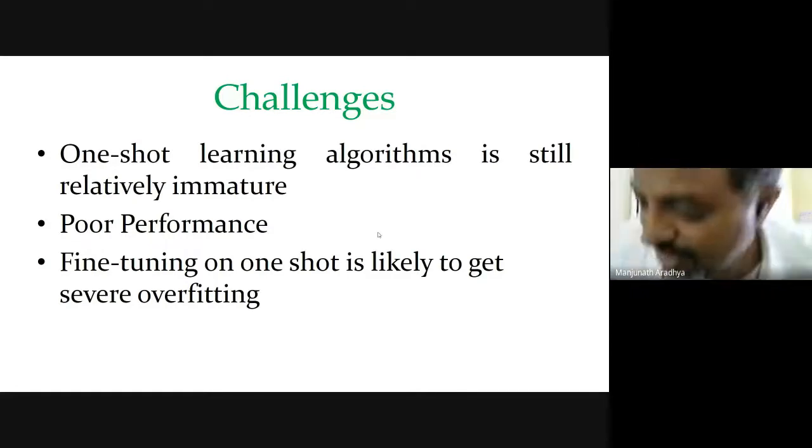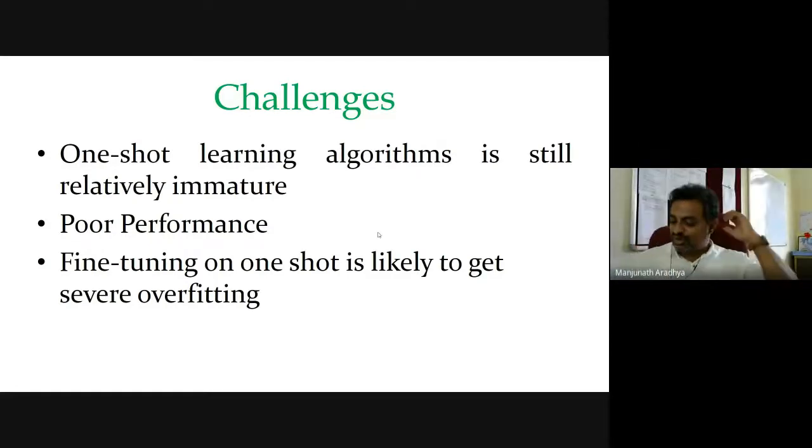This is what usually applies in traditional machine learning as well. As the number of classes increases, you want to change the parameters again, and there may be a sort of overfitting. As the size of the features increases, again you will have some problem. Likewise, fine-tuning with respect to one-shot learning will obviously cause some overfitting. These are the real challenges that exist in this field.